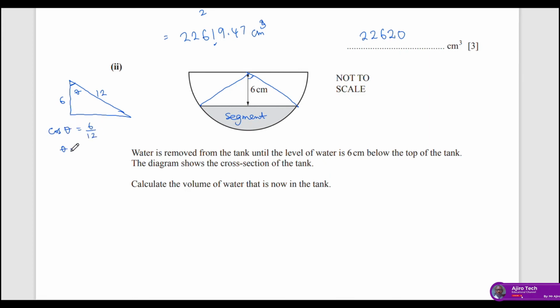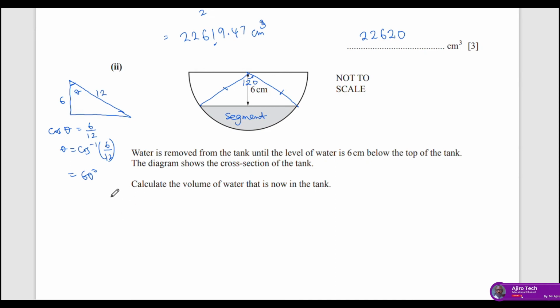Theta should be cos inverse of 6 over 12, or 1 over 2, which is 60 degrees. So this is 60, this is 60, because this line and this line are both radii, so these two should be equal. 60 plus 60, we have 120 degrees.